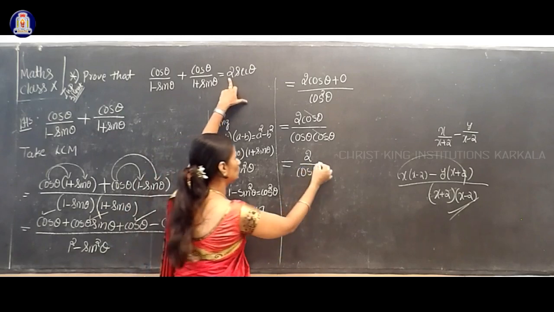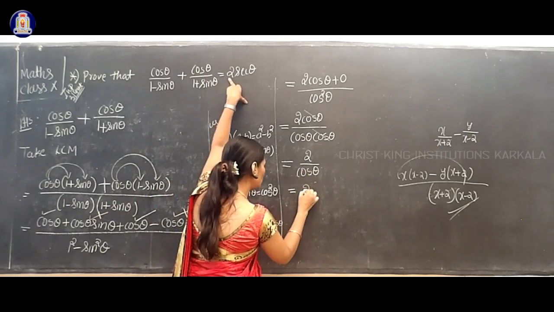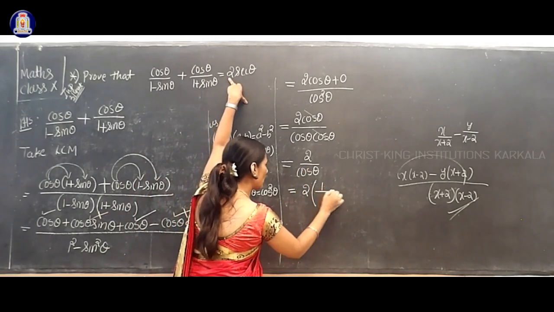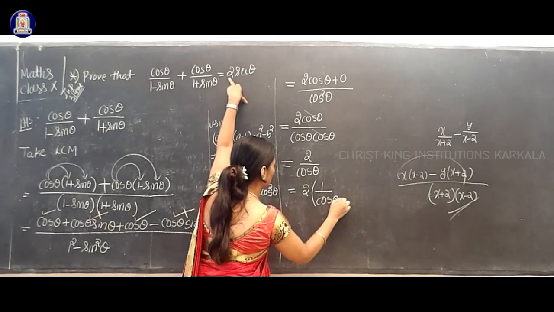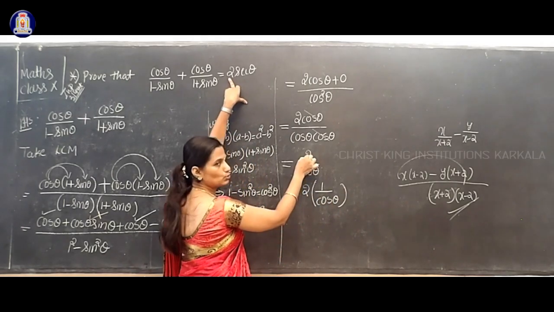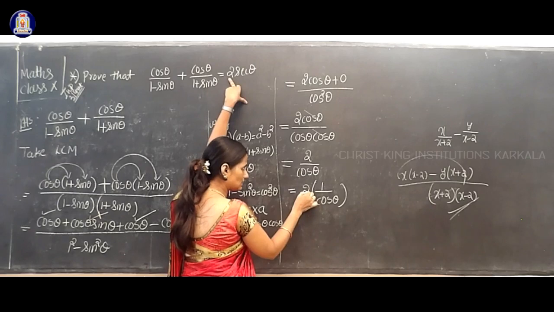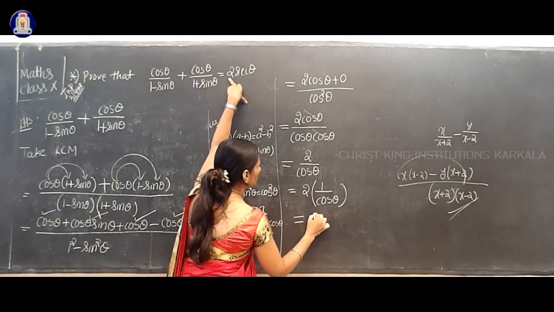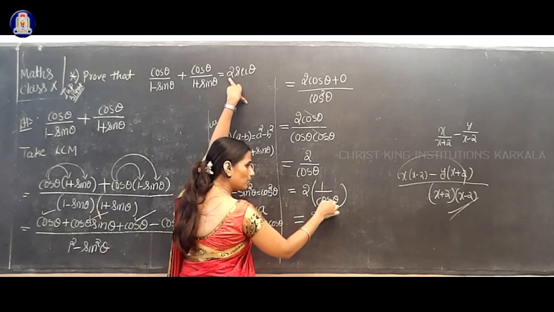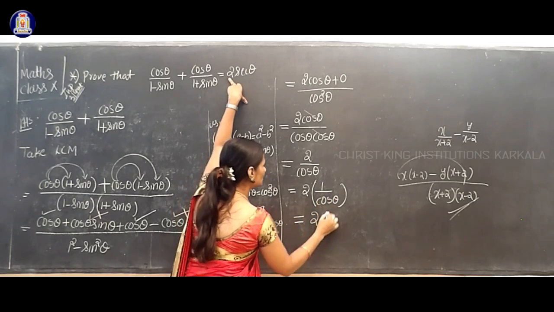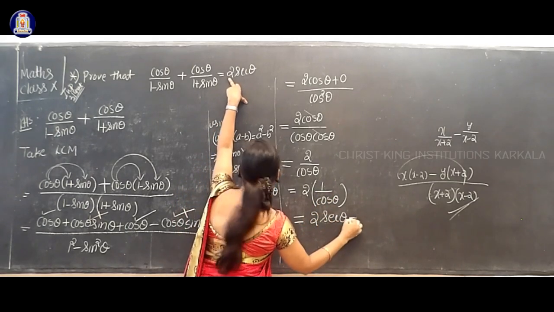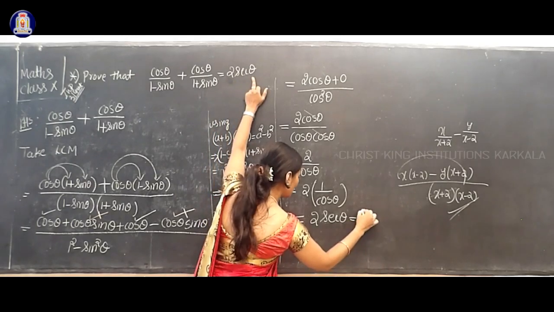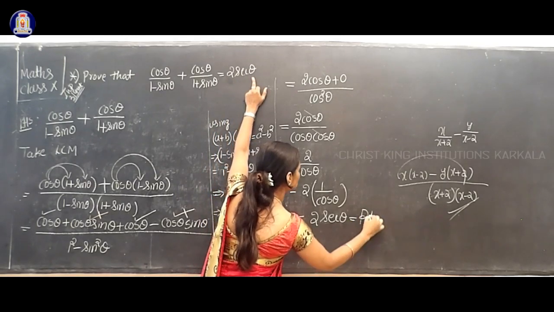So I got 2, and I will change this as 1 divided by cos theta. Is it right? 2 into 1 is 2, so I will separate the 2, and next I will write 1 divided by cos theta. Which is equal to what? 2 times 1 divided by cos theta, from your formula list it is equal to secant theta. So we got 2 secant theta, which is equal to the RHS.